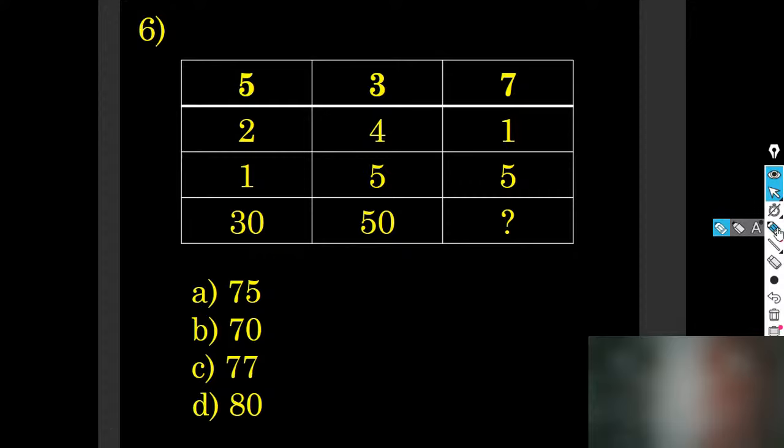Here also it is almost the same. We have 30 here, so 30 means again you should check this column wise.